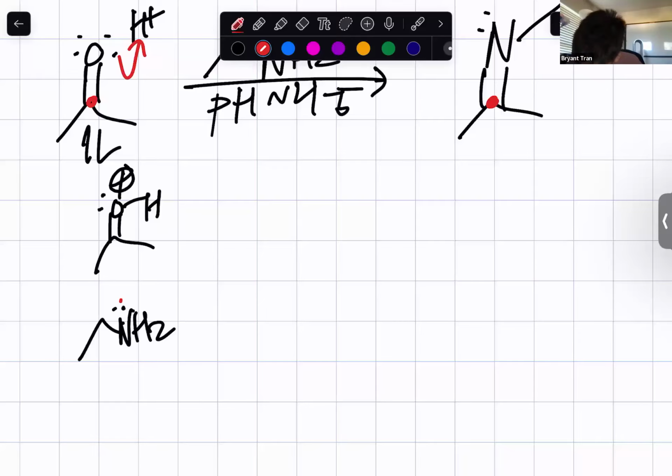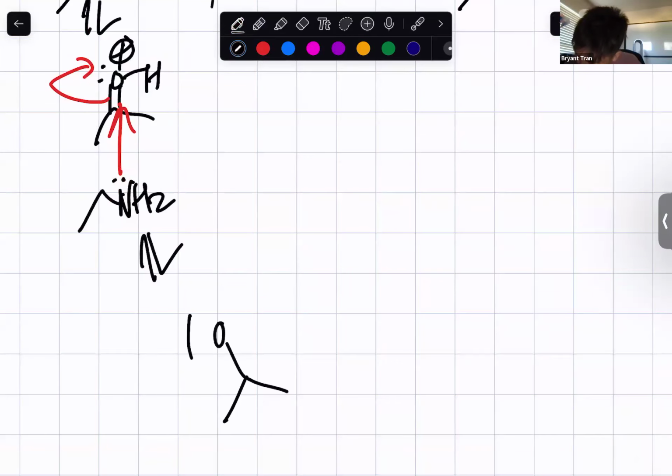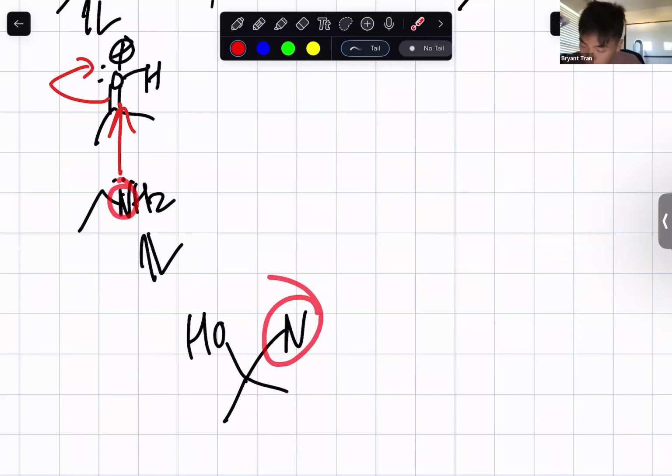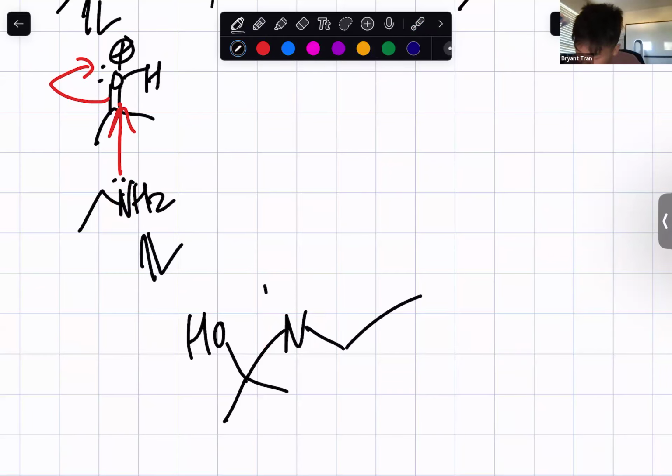The nitrogen. Correct, of the amine, making a new bond between the nitrogen and carbon, popping that double bond onto the oxygen, giving us this tetrahedral intermediate here where we have a neutral alcohol. This nitrogen is attached to this R group and two hydrogens. And because that nitrogen has four bonds, it's positively charged.